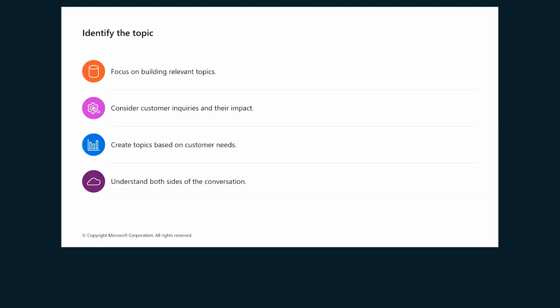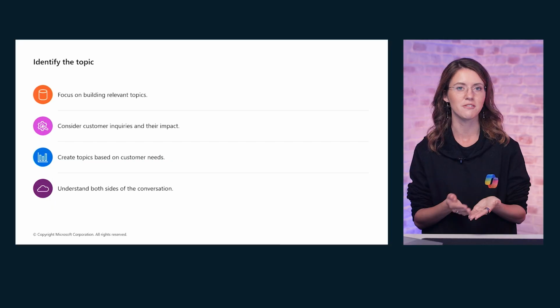As you prepare to build a topic, try putting yourself in the customer's position and consider their point of view. Think about why they're reaching out, the types of questions they have, their possible mindset, and what a successful resolution might look like to them. When you're initially planning your topics, we recommend listing the different topics you need based on the scenarios you're trying to support.